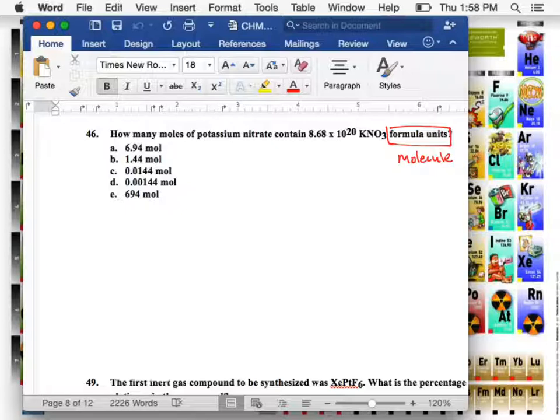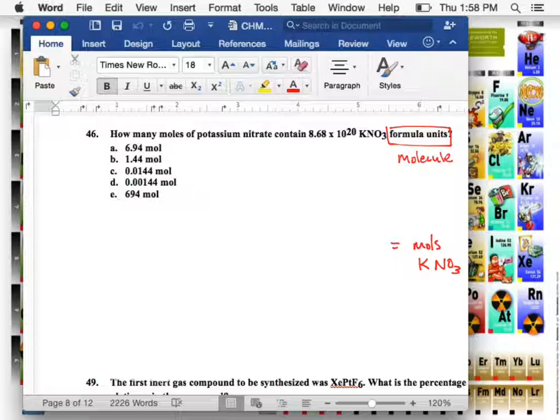But it's effectively the same thing as a molecule. So what do we want for an answer? Moles of potassium nitrate. Potassium is K. Nitrate is NO3.